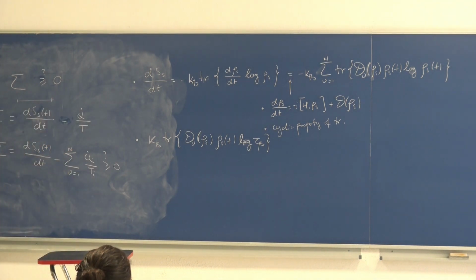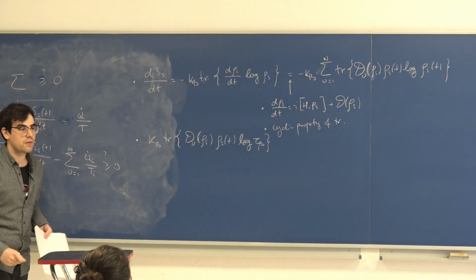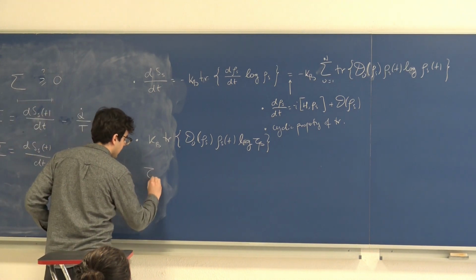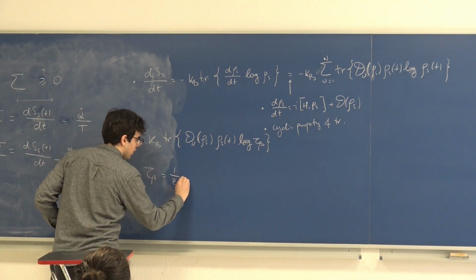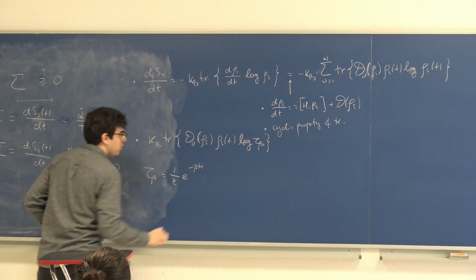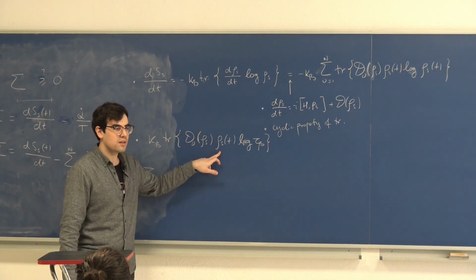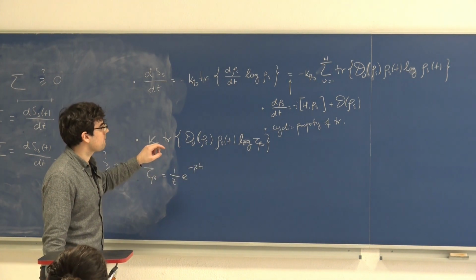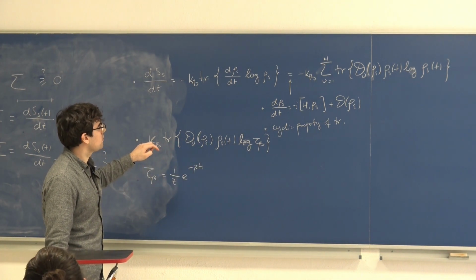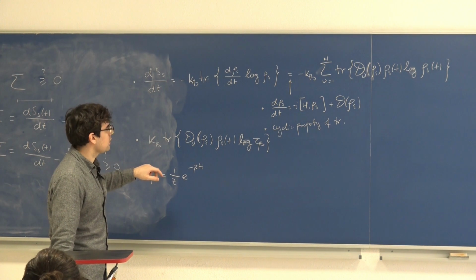What is theta? Theta B is just a thermal state. This is a D, sorry.